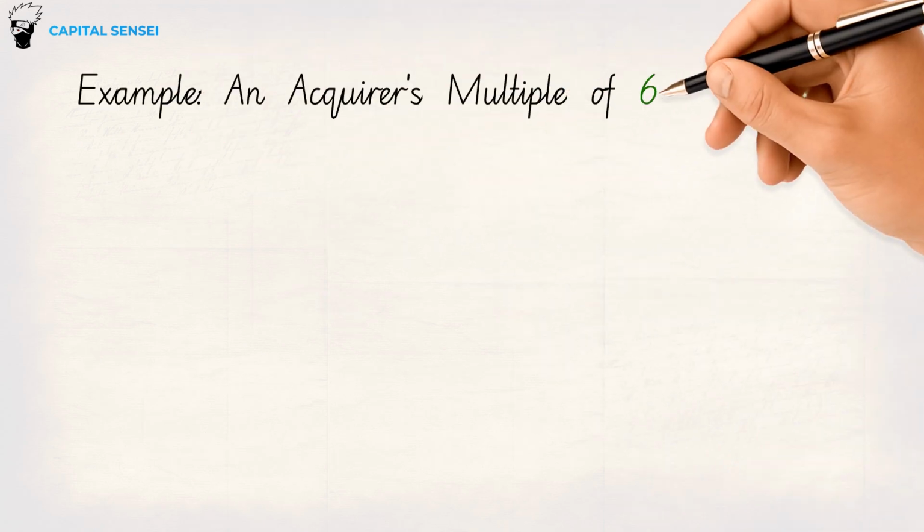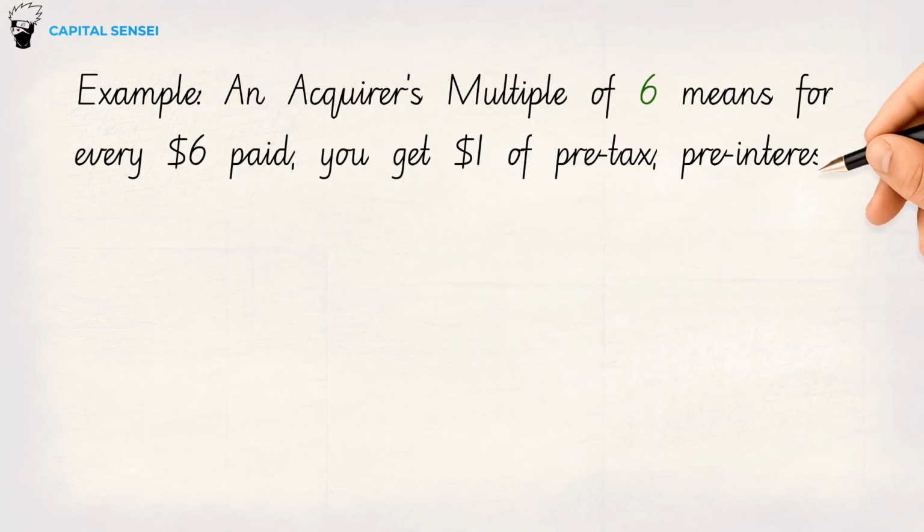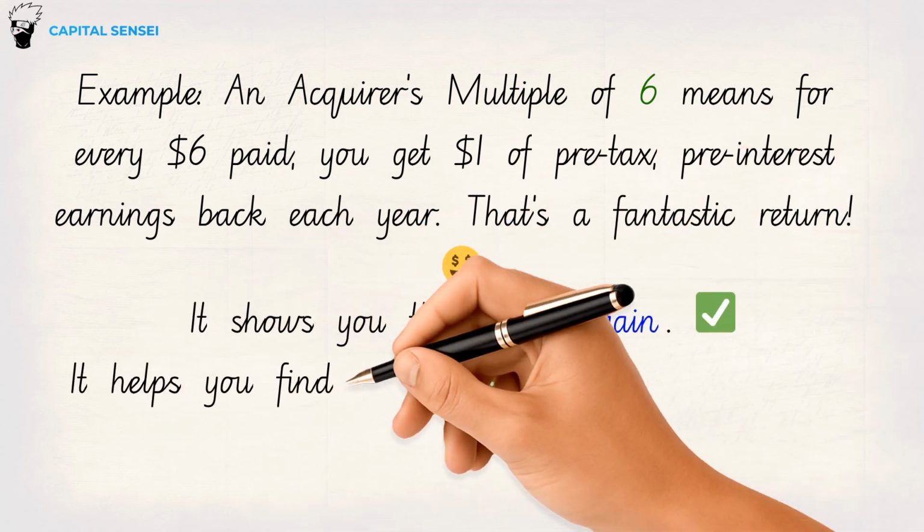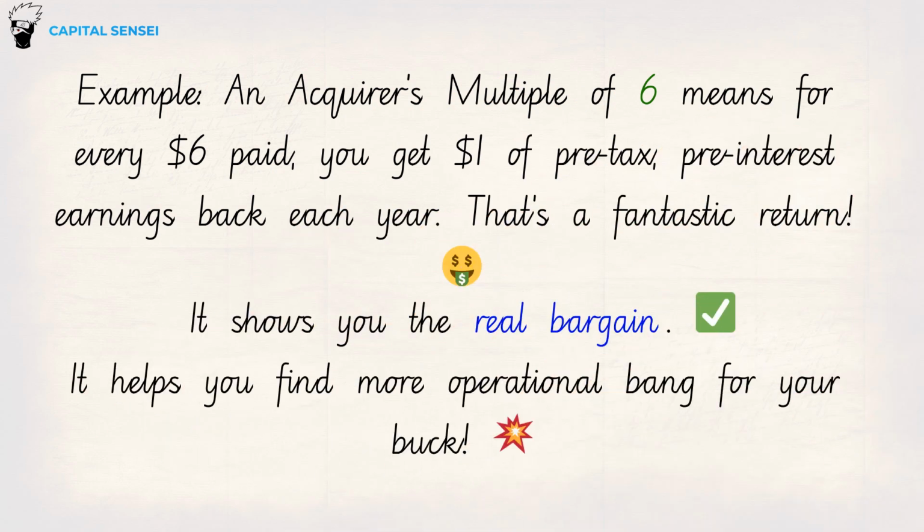An acquirer's multiple of, say, 6 means that for every $6 we pay for the entire business, we get $1 of pre-tax, pre-interest earnings back each year. That's a fantastic return. This is a much more robust way to find cheap stocks.